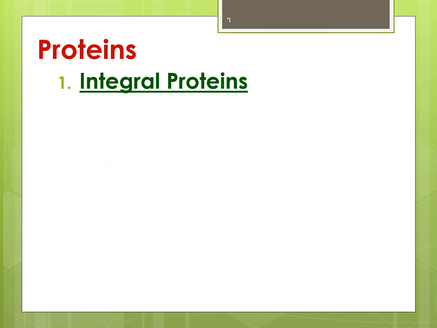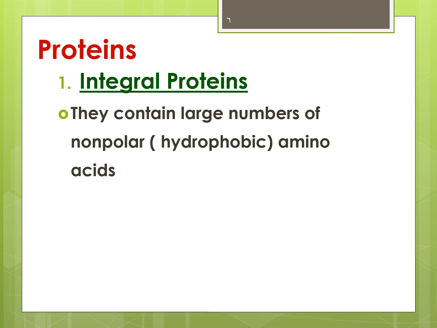Let us speak about integral protein. The main point in integral protein is that they contain large numbers of non-polar, we mean hydrophobic, amino acids. You know, amino acids can be classified into polar amino acids, which are either acidic, basic, or uncharged.